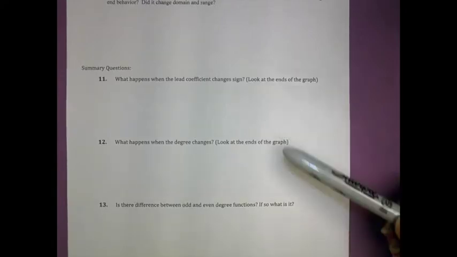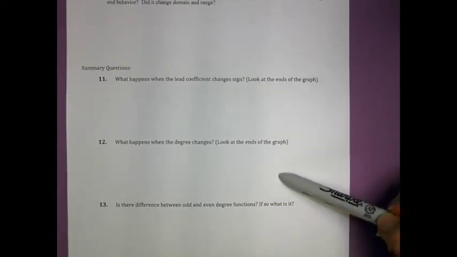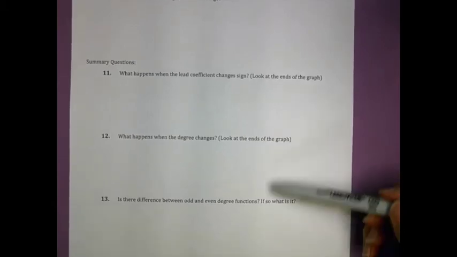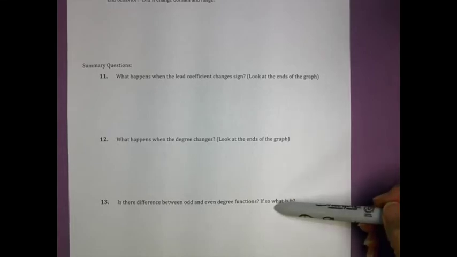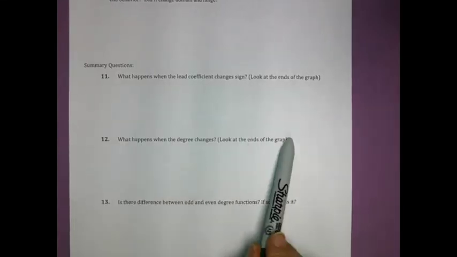What happens when the degree changes? I'm going to tell you that my students felt like the 12 and 13 had the exact same answer. So it's possible if you wanted to edit out one of the two questions, I probably would edit out 12, it's more vague.